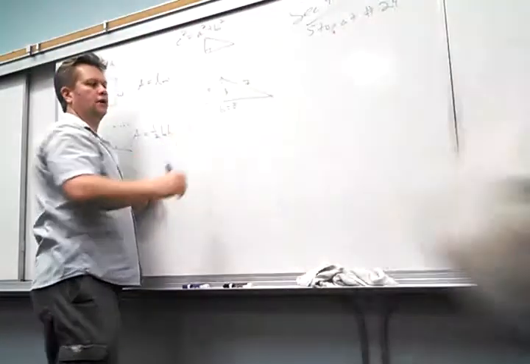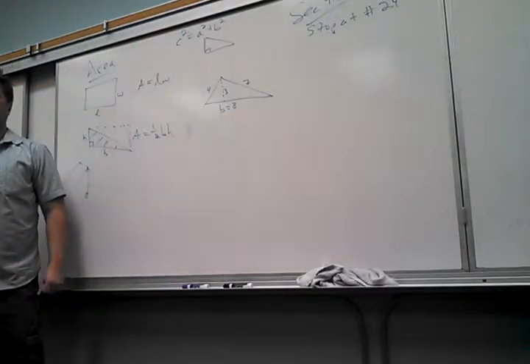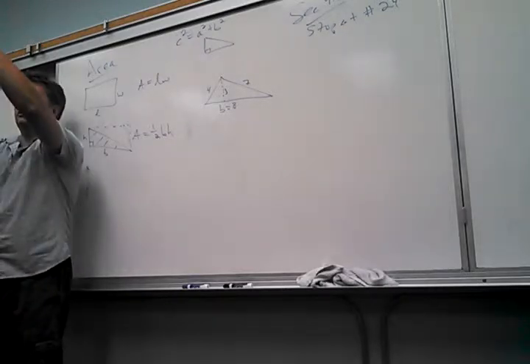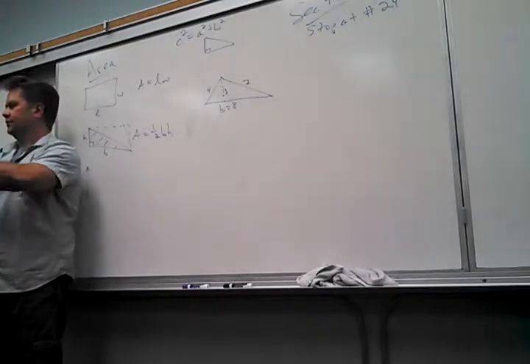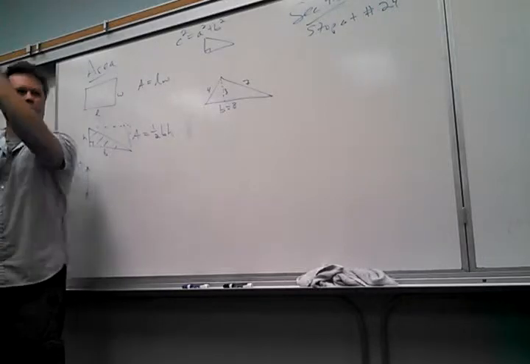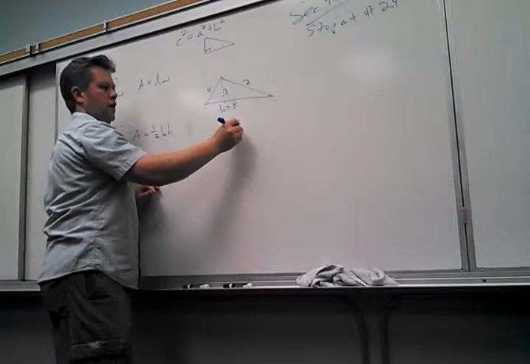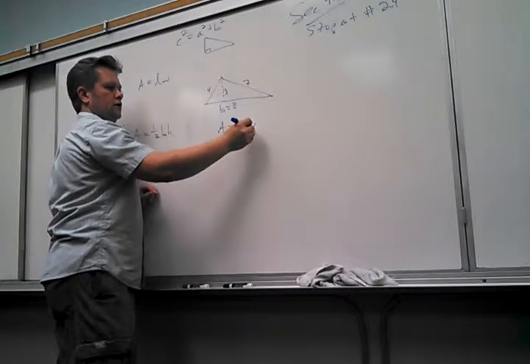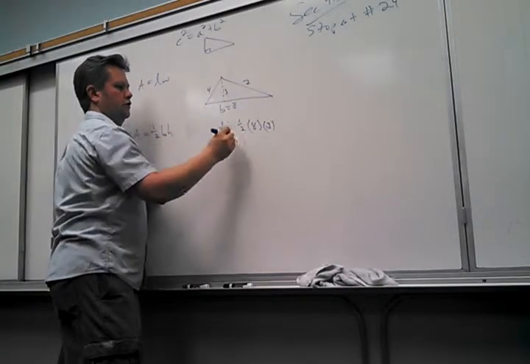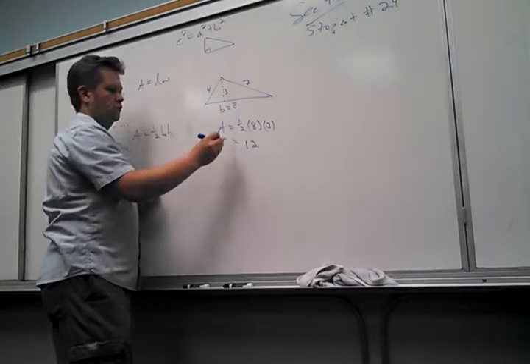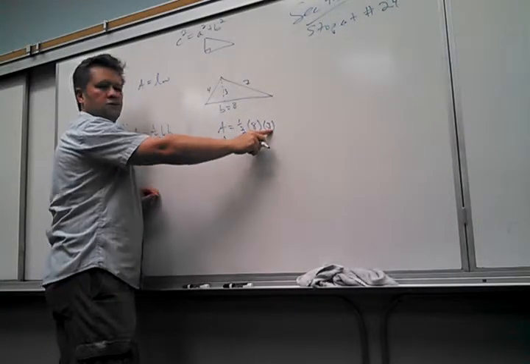I have to tell you that the height is 3. So I have to give you the true height. The height is always measured straight up from the ground. It can't be some slant height. So now what would the area of this triangle be? One half times 8 times 3. So 4 times 3, 12.